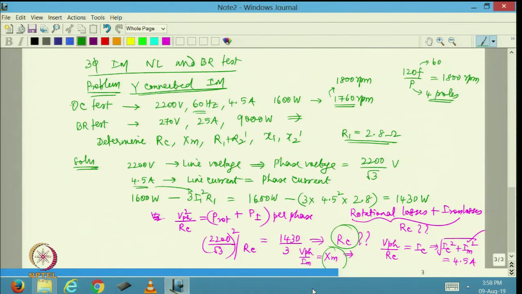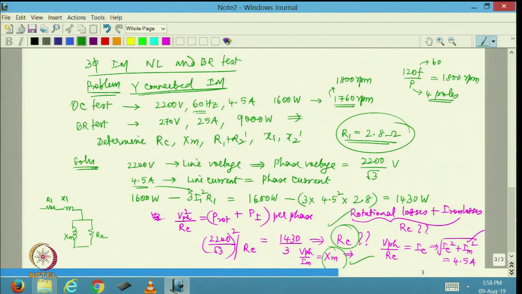So, when I draw the equivalent circuit, I should essentially draw R1, which is already given. I will have to find out X1. I have XM, which I have got from this value, and I have RC, which is also from this value.